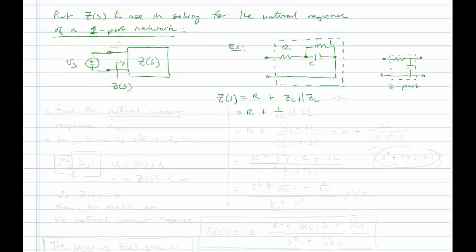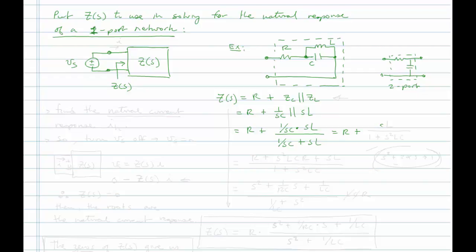We have 1 over SC in parallel with SL, which is 1 over SC times SL over 1 over SC plus SL. And then let's multiply through top and bottom by SC.